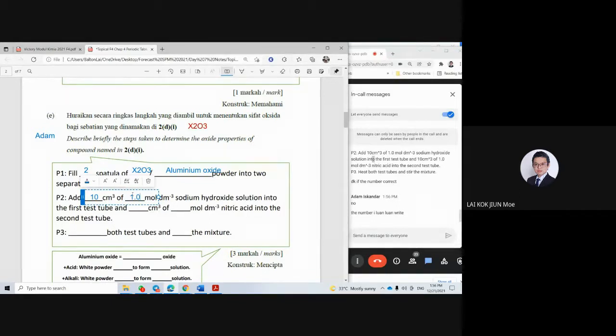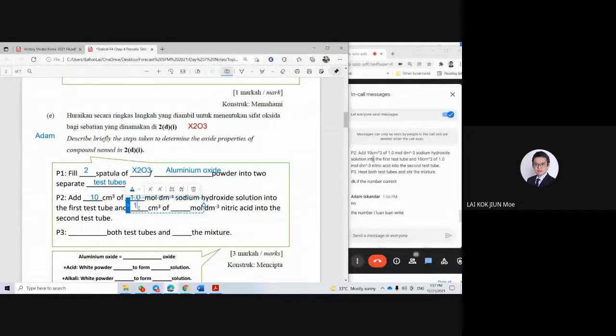Okay, this one is a period 3 test. We want to test the aluminium properties, so we use a little bit only in the test tube. At the first test tube and the second one also, same.